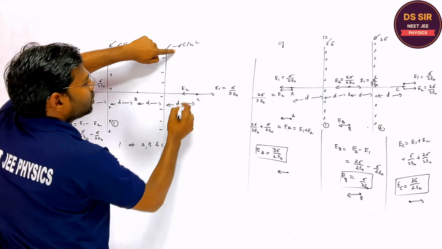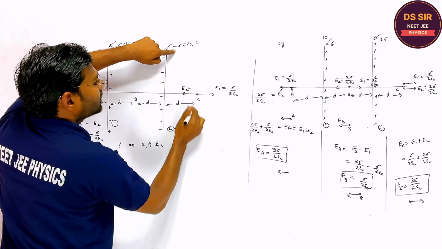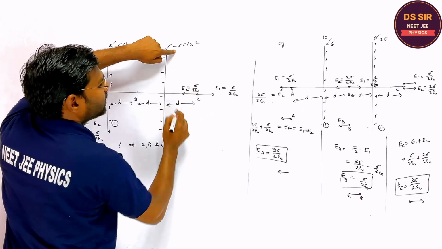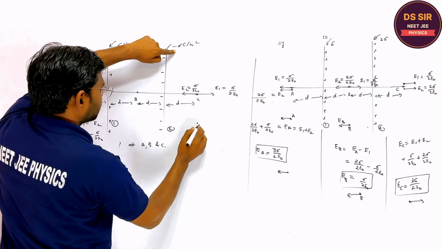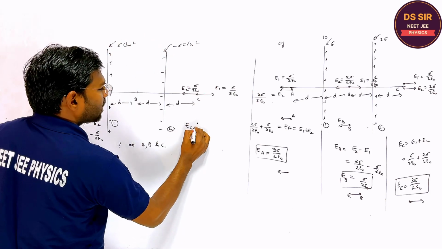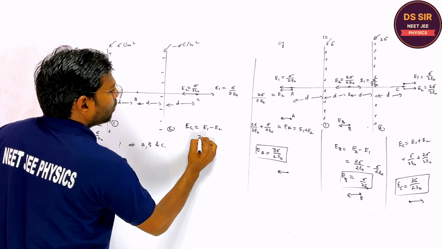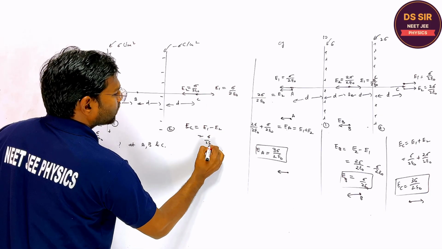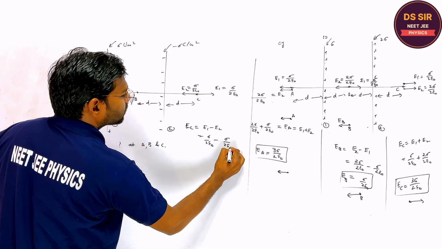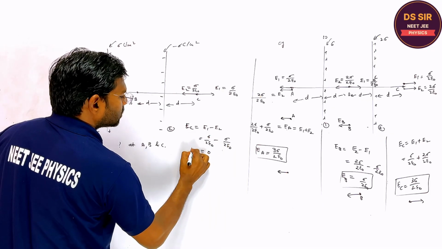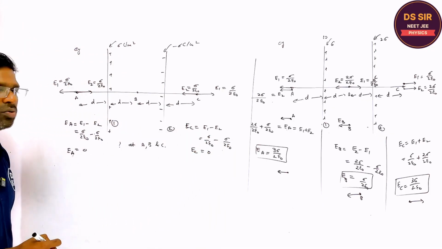For E2, you need not write the minus sigma, only the magnitude. So the electric field at C is again E1 minus E2. Both are equal: sigma upon 2 epsilon naught minus sigma upon 2 epsilon naught is equal to what? This is 0. Is it clear or not, you tell?